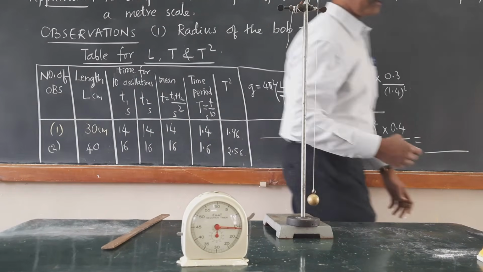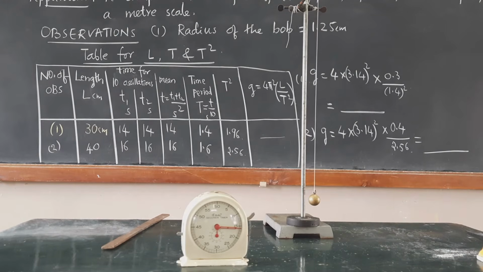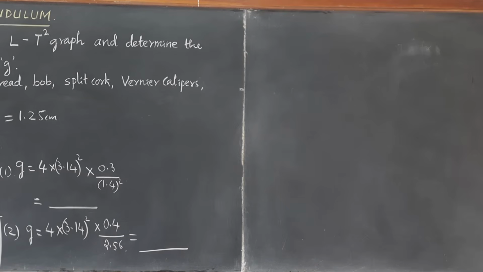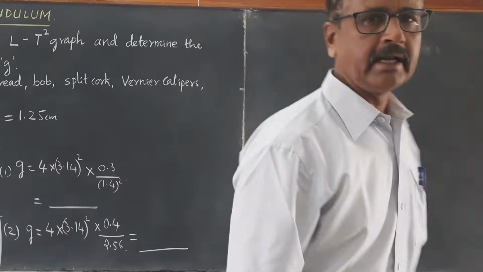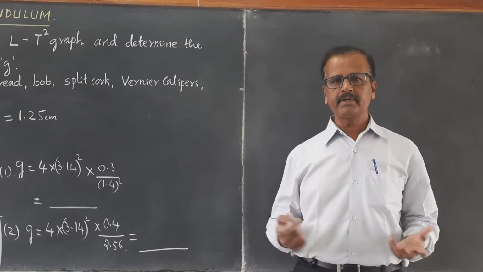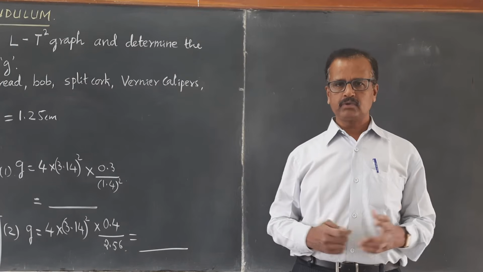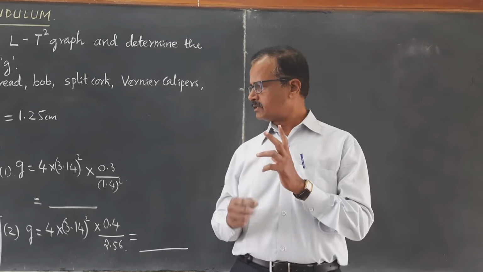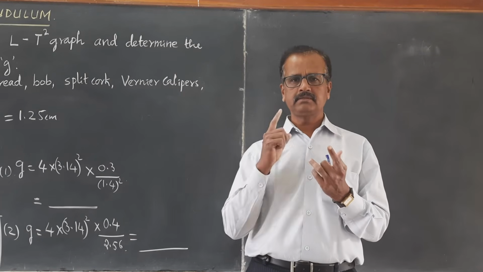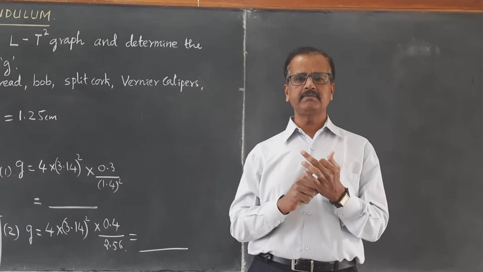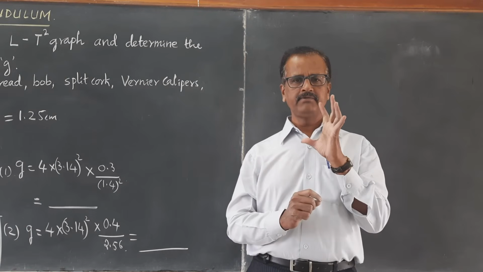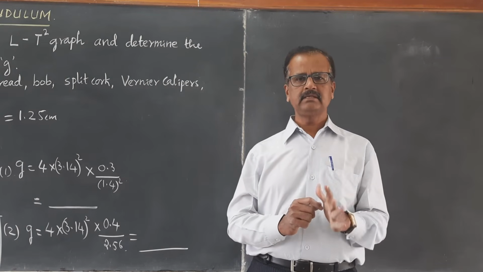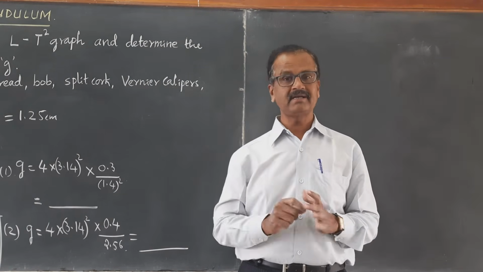Now, if you draw the graph of L versus t square, what kind of graph are you going to get? We have observed as the length increases, the time period also increases. So two observations are enough. Like that you are supposed to do for the next 50 centimeter, 60, 70, 80 centimeter, nearly 5 lengths, and get the corresponding time period.